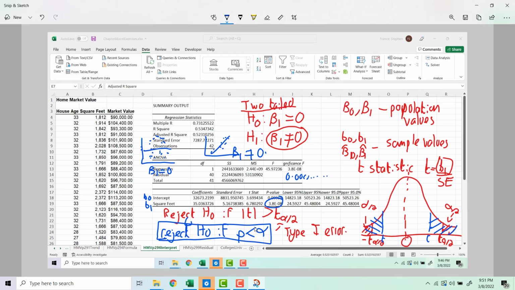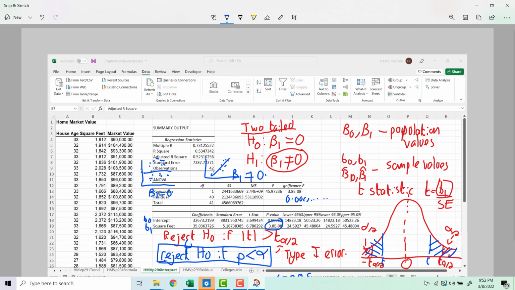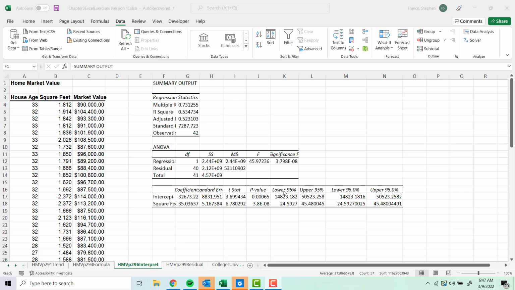So say, for example, here my alpha was going to be 0.05, my type 1 error. I'm going to say, okay, my p is 0.000 to 3 decimal places, which is less than 0.05, so reject H0. Okay, and that's it. We're going to do the same thing in the next video, but focus on some of the residual analysis.